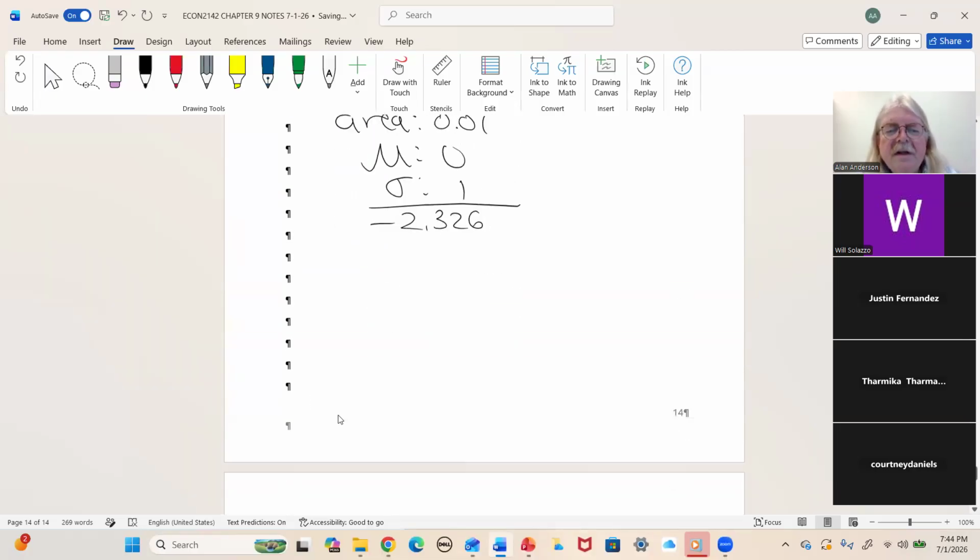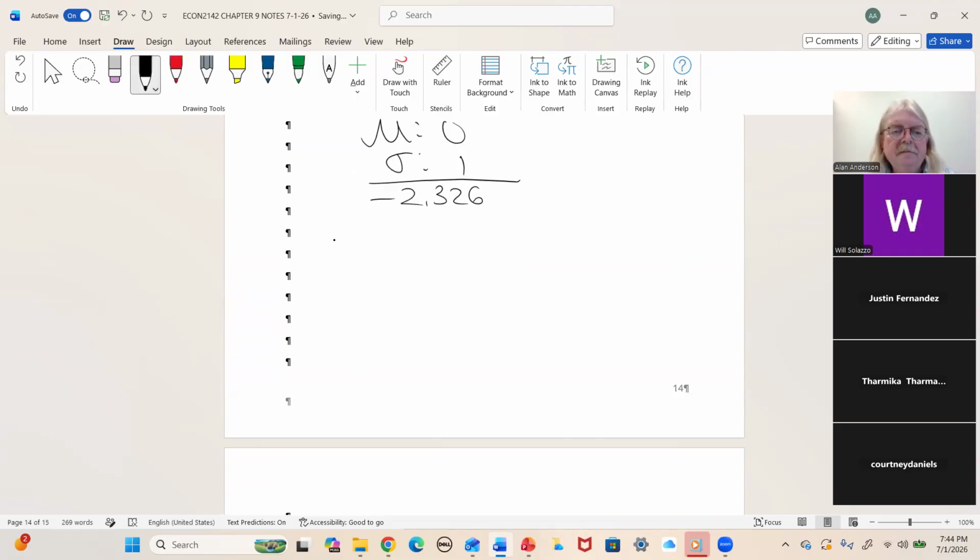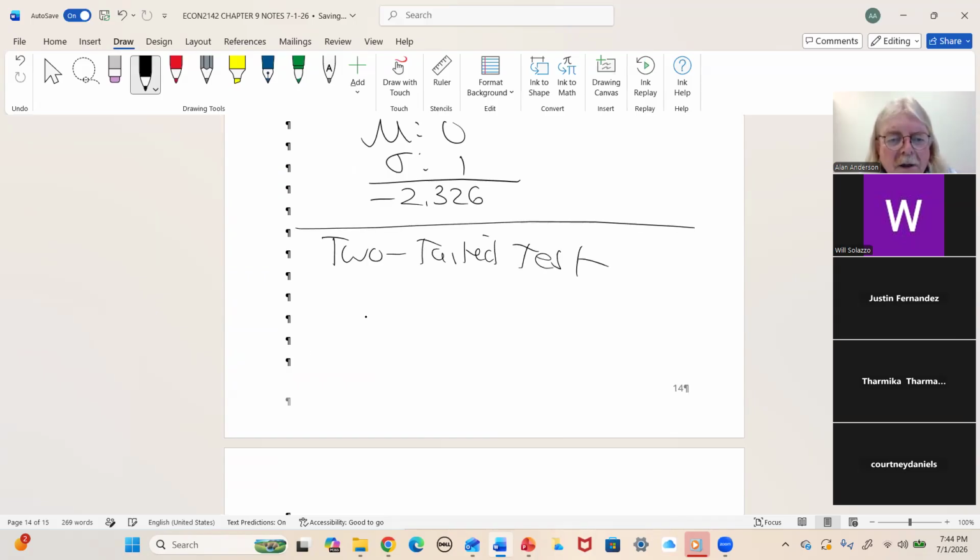And then when we have a two-tailed test, the alpha that we were given is actually equally divided between the upper and the lower tails.